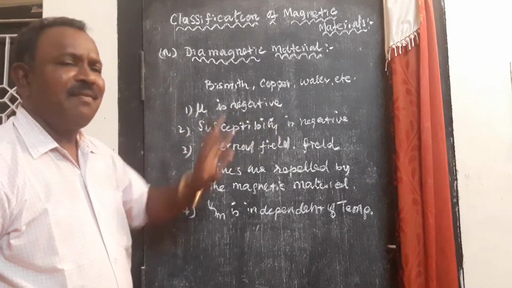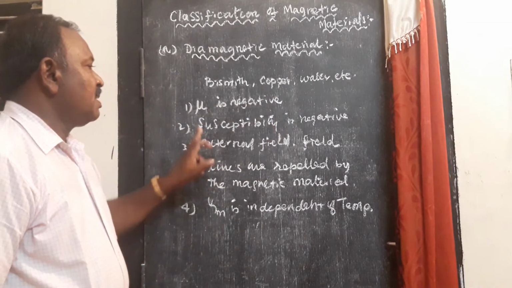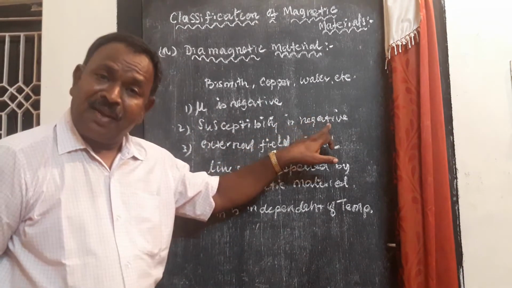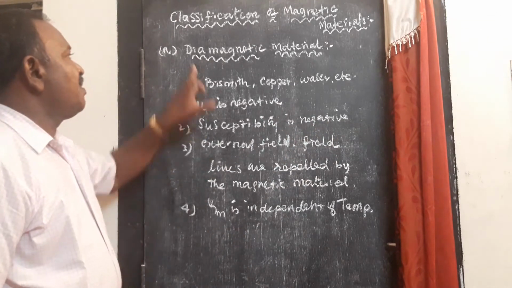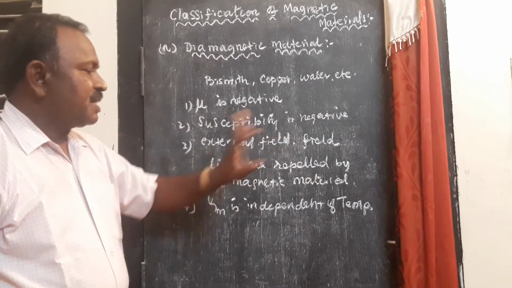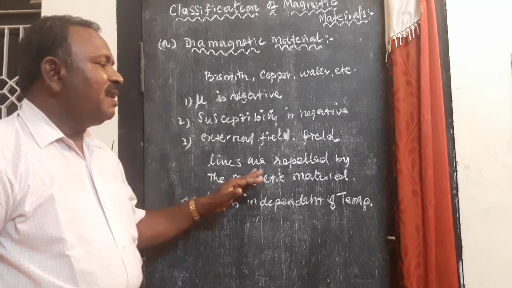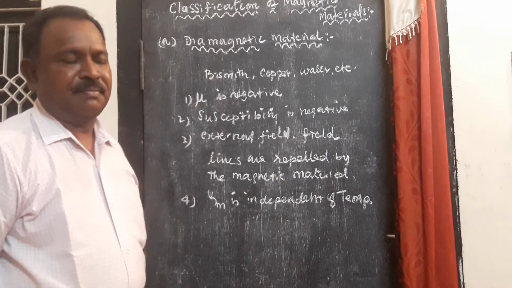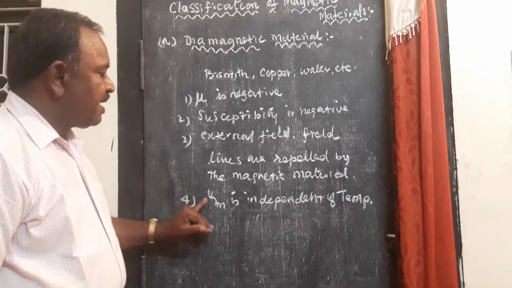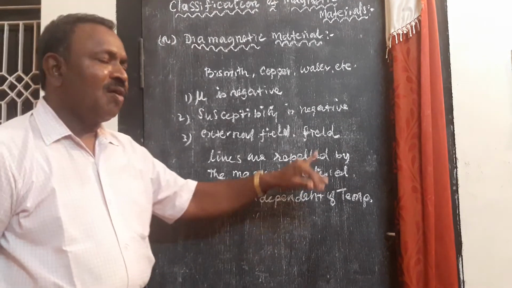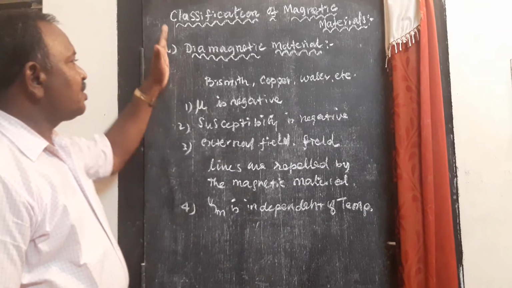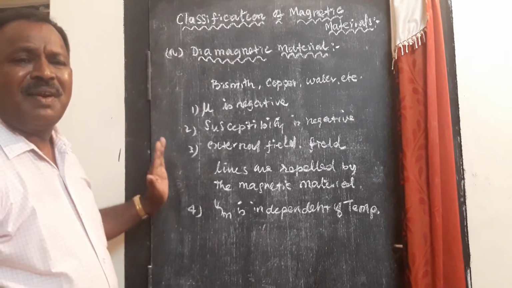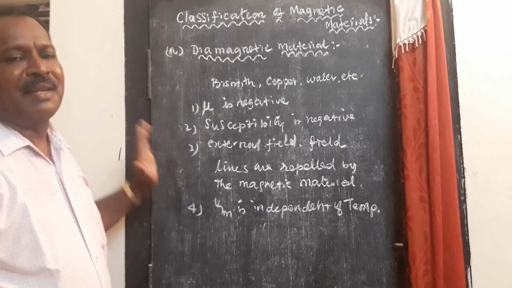Permeability is a negative value less than 1. Susceptibility is also a negative value less than 1. When diamagnetic material is kept in an external field, the field lines are repelled by the magnetic material. Susceptibility is independent of temperature. So these are the properties of diamagnetic material.